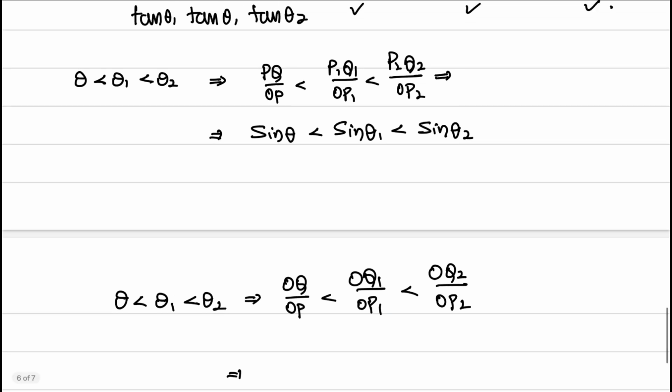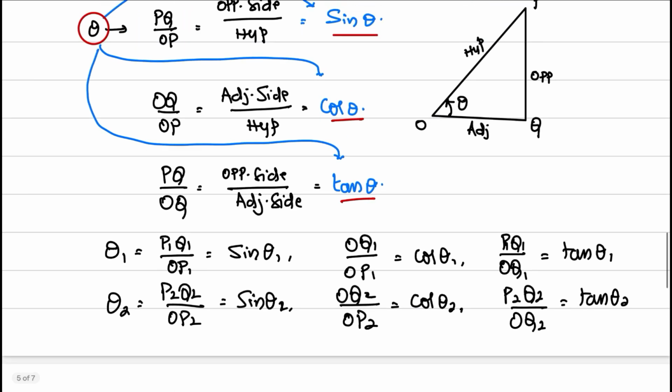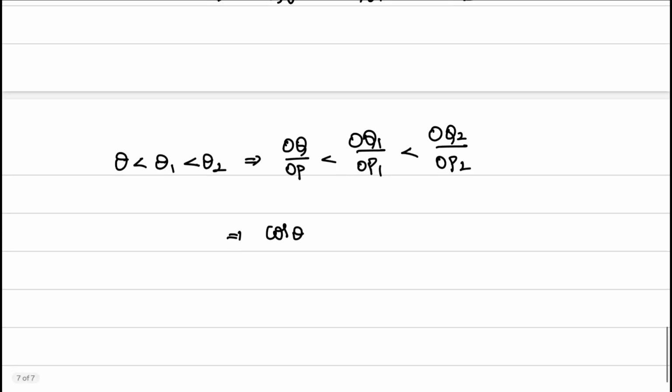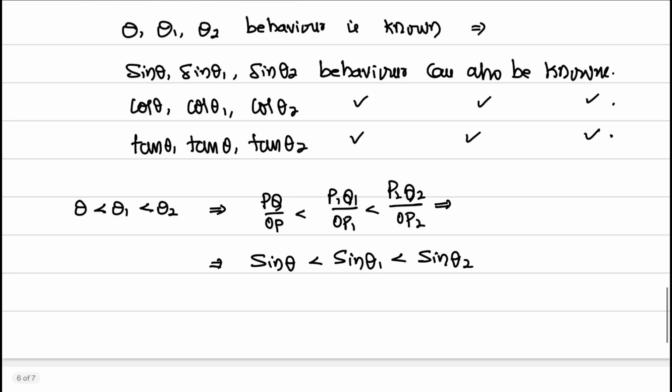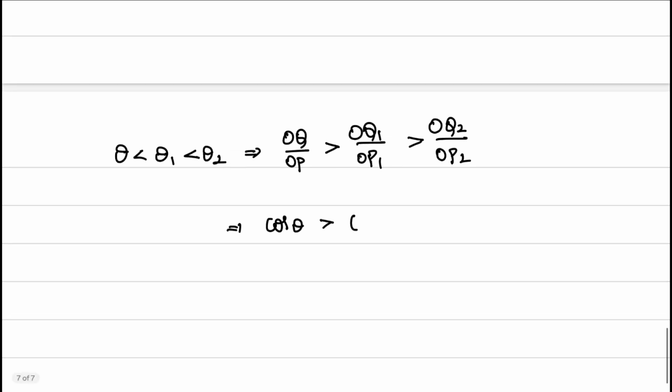What is OQ by OP? OQ by OP is cos theta. OQ by OP is greater than, I think it is greater than, not less than, sorry. It is greater than: cos theta is greater than cos theta 1 is greater than cos theta 2.